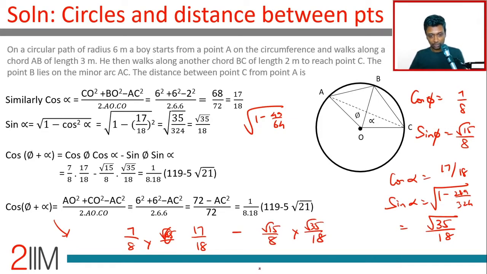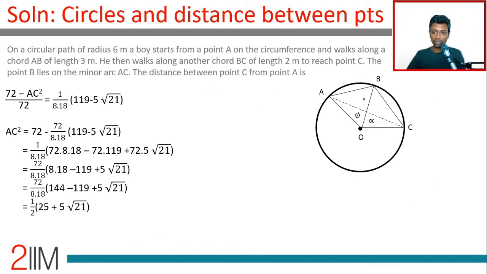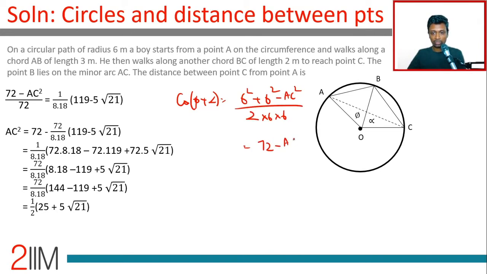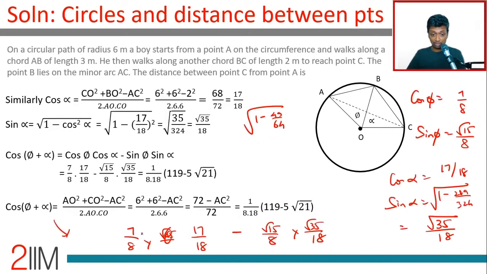Okay. Brilliant. We know from our cos rule that cos of phi plus alpha is 6 square plus 6 square minus AC square by 2 into 6 into 6, that is, 72 minus AC square by 72. Wonderful. This is equal to whatever we simplified first: 7 by 8 into 17 by 18 minus root 15 by 8 into root 35 by 18.